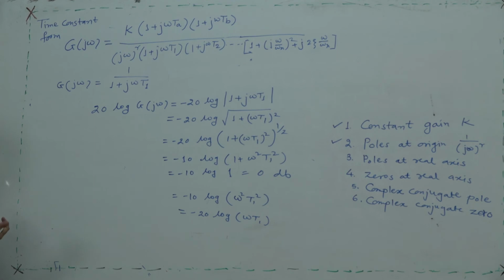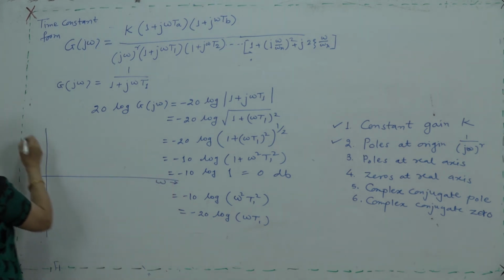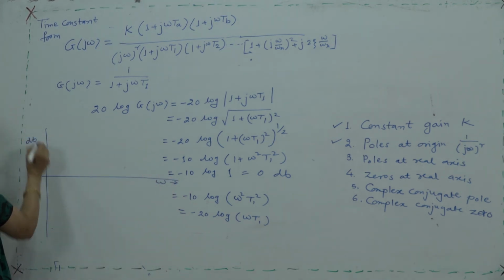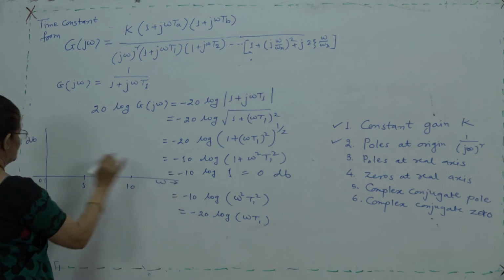So, how will you draw it? Okay. So, the x axis is omega, the y axis is dB. The scale is 0.1, 1, 10 and so on.